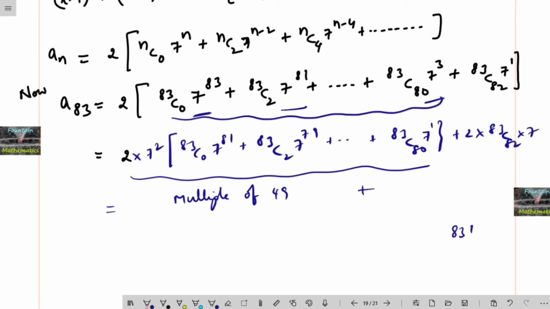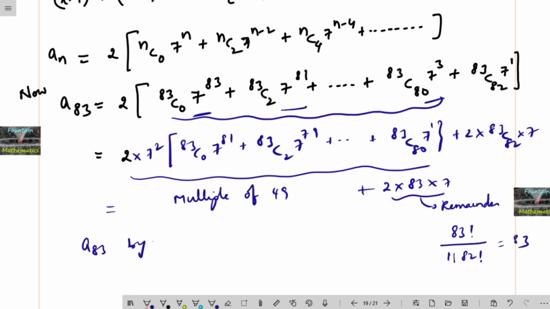Since 83C82 is 83 upon 1 factorial into 82 factorial, so this is 83. So 2 into 83 into 7 will be your remainder. Therefore, when A83 is divided by 49, the remainder is 2 into 83 into 7, which gives the answer 1162. Right? Next.